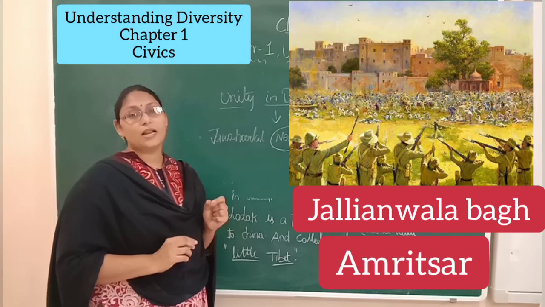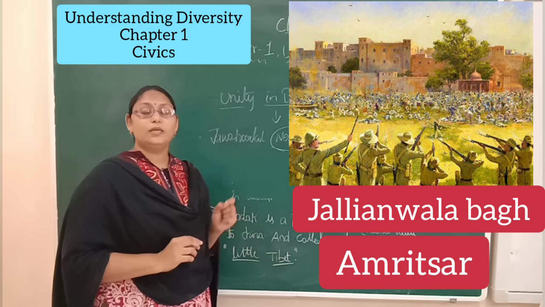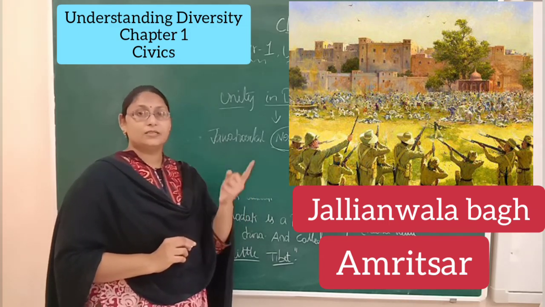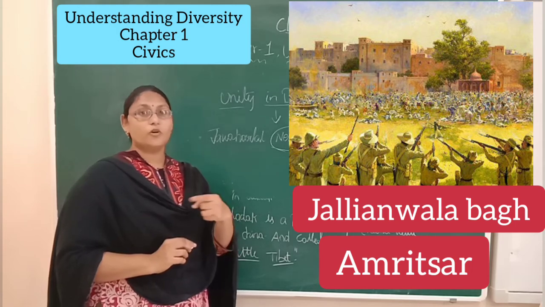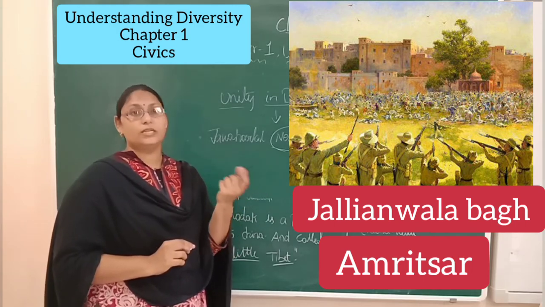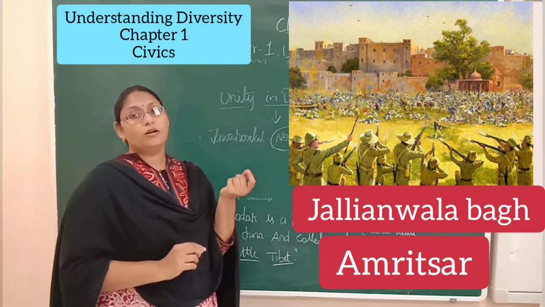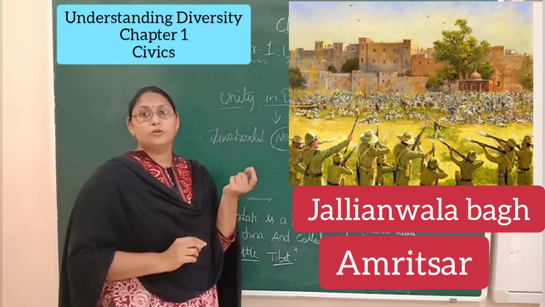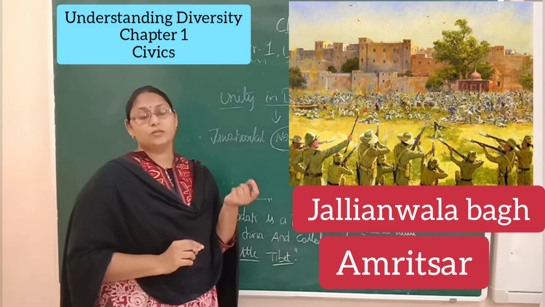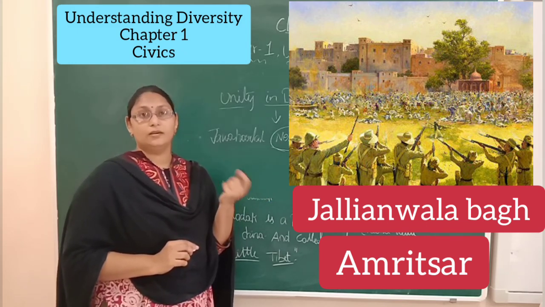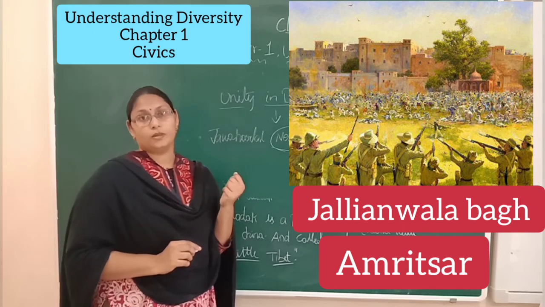When the Jallianwala Bagh massacre happened in Amritsar, where all the gates or all the sides of the Jallianwala Bagh were closed, General Dyer passed the orders to the sepoys to fire on the crowd. So many hundreds and thousands of people were killed in this massacre.